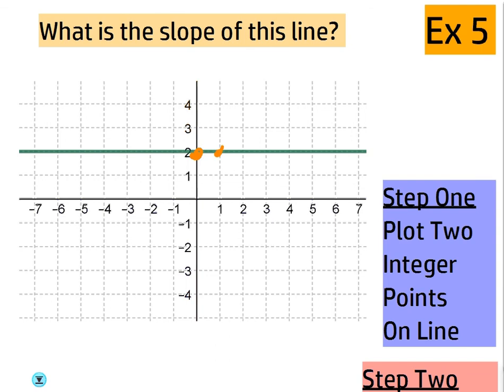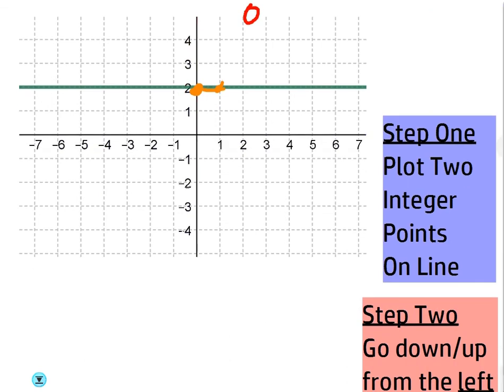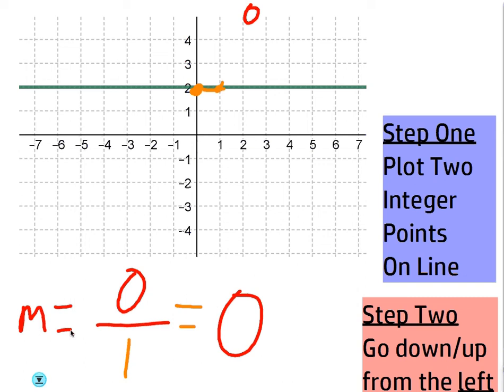So your change in y would be 0. Now technically, you are going 1 unit to the right, correct? So if you wanted to do the work, it would be 0 over 1, but that just equals 0. So that's your slope. So anytime you see a horizontal line, you know the slope is going to be 0.